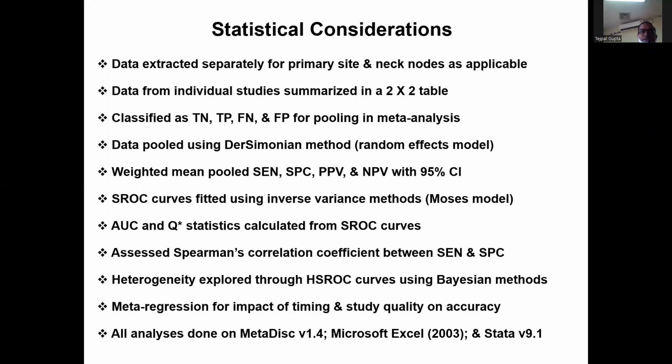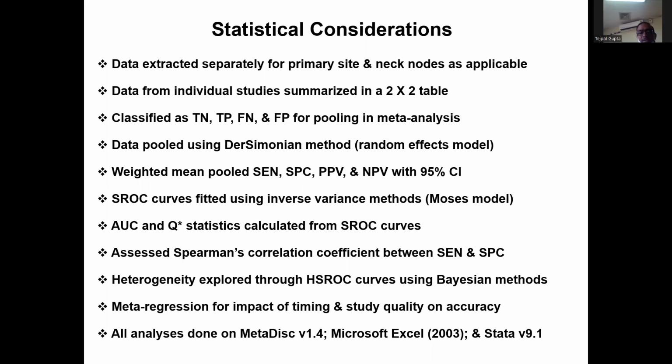We used the random effects model and calculated a weighted mean pooled sensitivity, specificity, PPV, and NPV with 95% confidence interval. We also did symmetric receiver operating characteristic curve fitting using inverse variance methods. Heterogeneity was explored through hierarchical summary receiver operating characteristic curves using Bayesian methods.